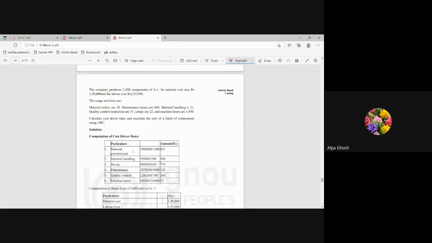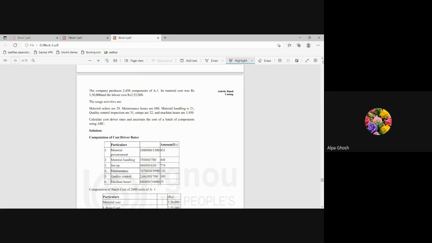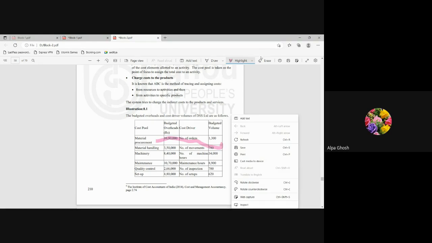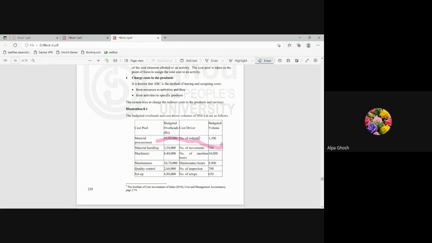So for material procurement, you have seen 10,80,000 and this is for 1,300 orders. If you go back to the question, can you see here?